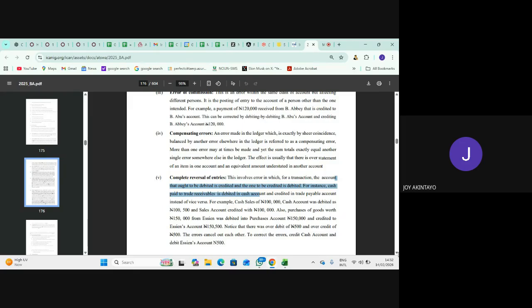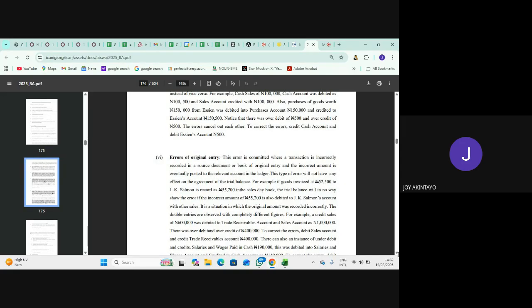Are we together? Then we also have error of original entry. This error is committed where a transaction is incorrectly recorded in the source document or book of original entry. Here, the error has occurred right from the source document or book of original entry.